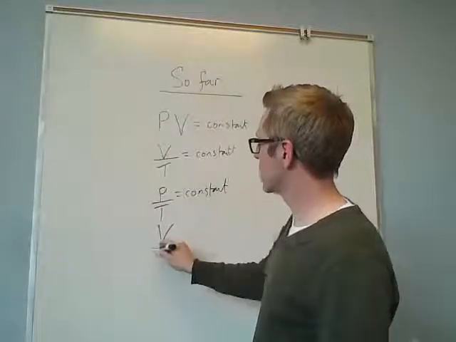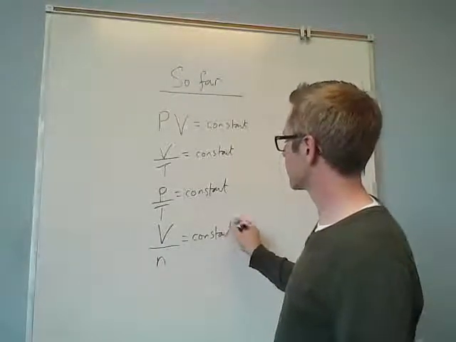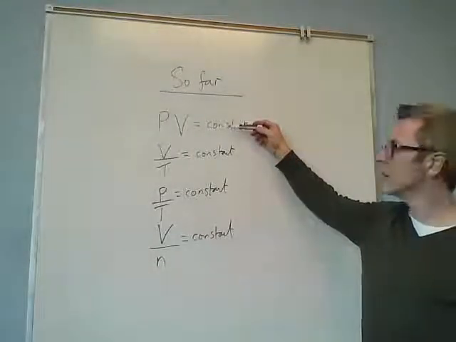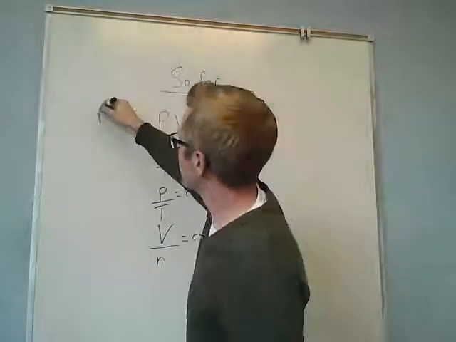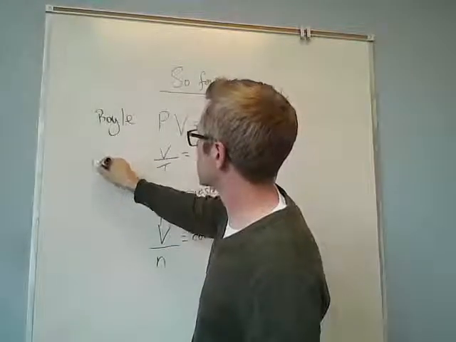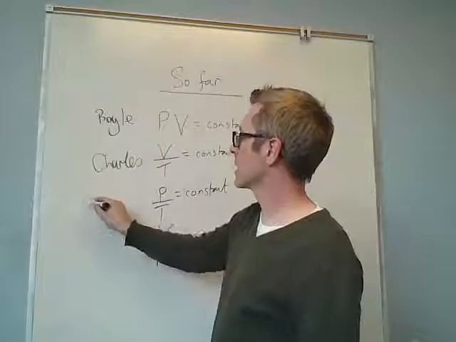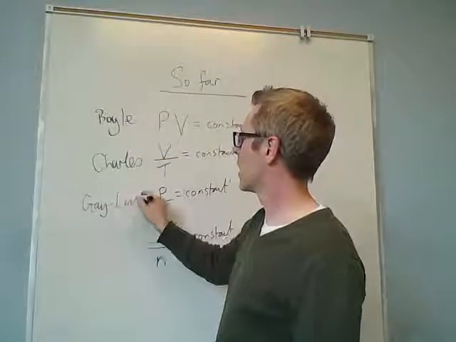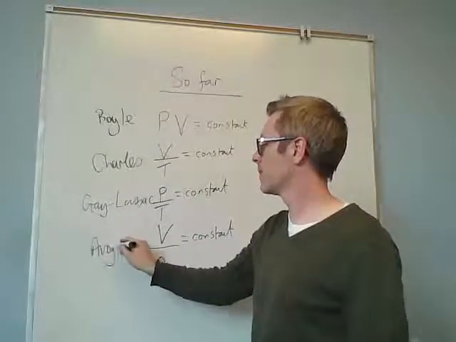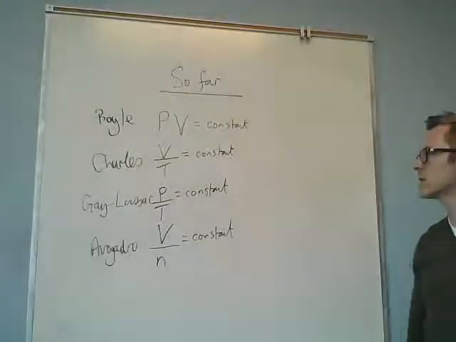And finally, we saw volume over moles is a constant. So we saw Boyle's law, Charles's law, Gay-Lussac's law, Avogadro's law. So those are 4 laws that we saw.